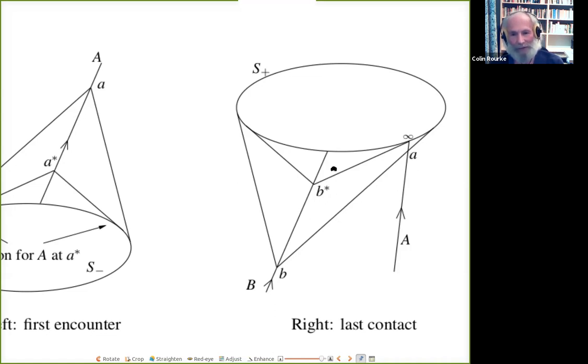And we carry on seeing it all the way up until it gets to B star. At B star, the light path is tangent to the sphere at the point where we're going to get there. But that's plus infinity for us. We never get there, so we never see B star. All we see is the galaxy we're looking at moving all the way along from B to B star, getting slower and slower and slower in our time and never actually getting there. We see it forever, but it seems to be getting slower and slower.